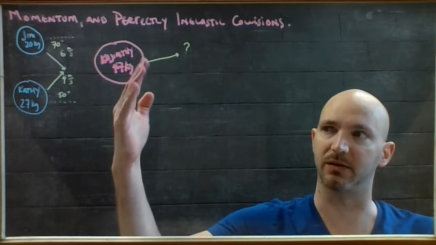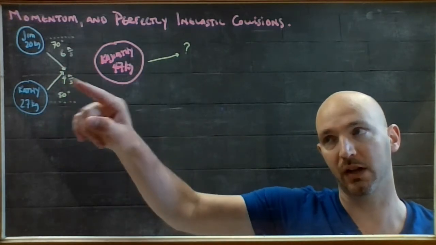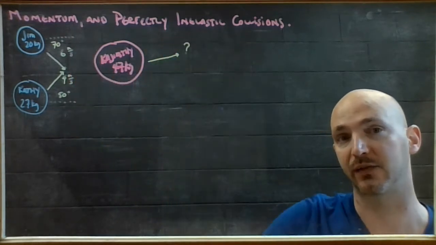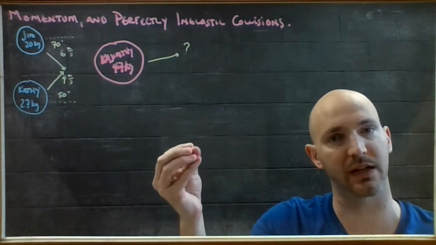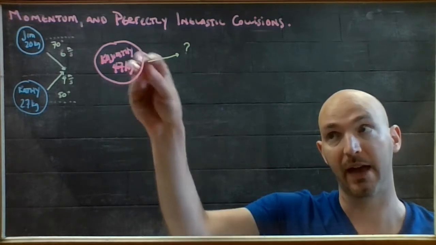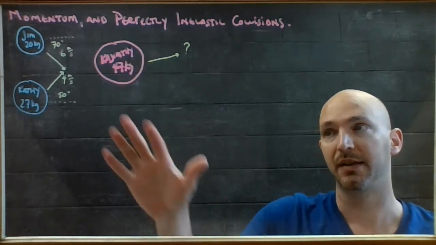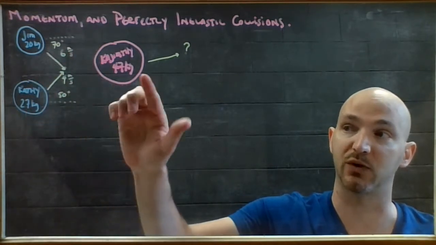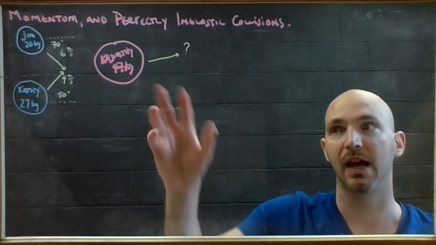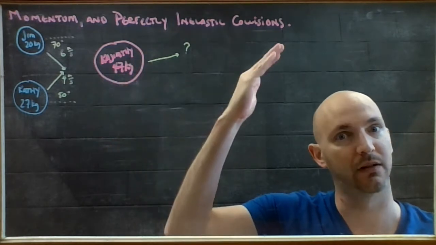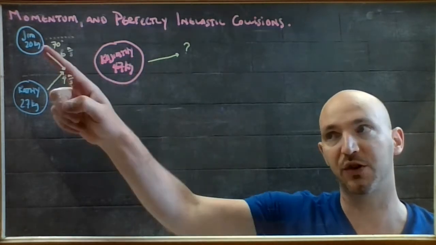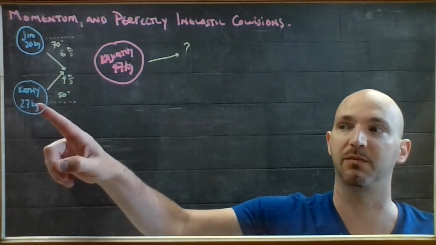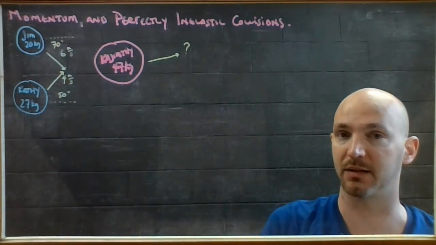counterclockwise from horizontal. And they are going to collide at this particular spot in a perfectly inelastic fashion, which means they're going to fuse together completely and perfectly as a single object. That single object will contain Jim's mass and Kathy's mass for a total of 47 kilograms, and it will be headed somewhere based on how much momentum Jim brought to the table plus how much momentum Kathy brought to the table.